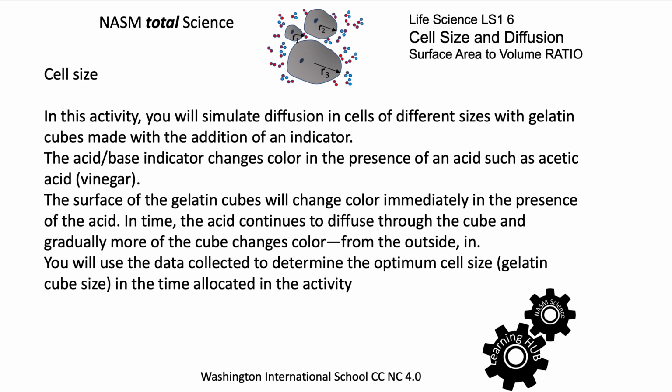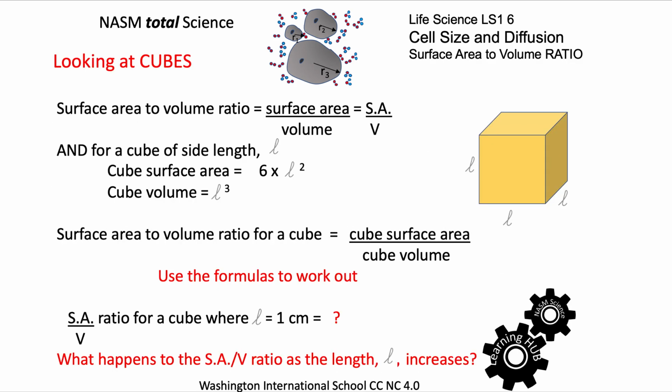So the surface is going to change colour, and in time the acid reacting with the indicator diffuses through the cube, and more of the cube changes colour from the outside inwards. And you'll use the data that you collect to determine the optimum cell size, gelatin cube size here, in the time allocated.